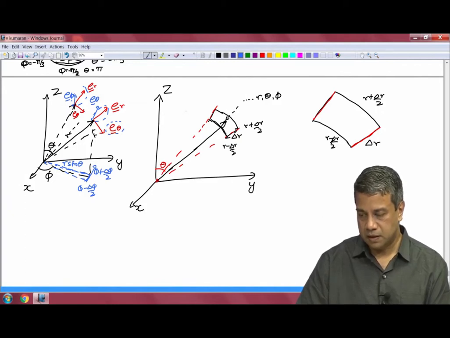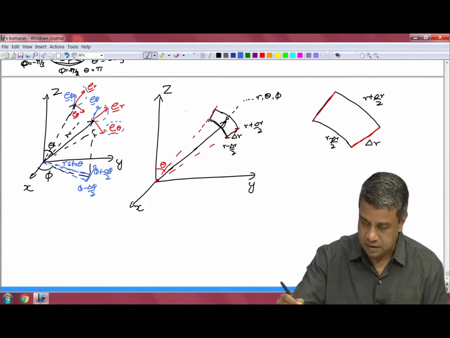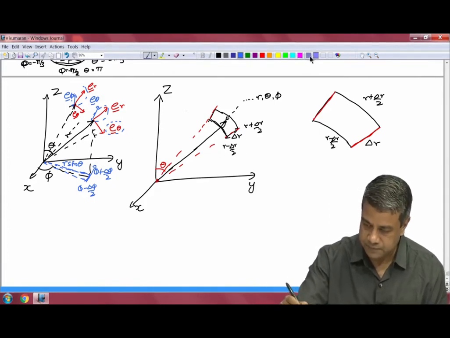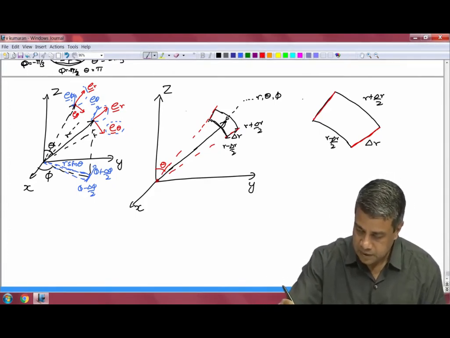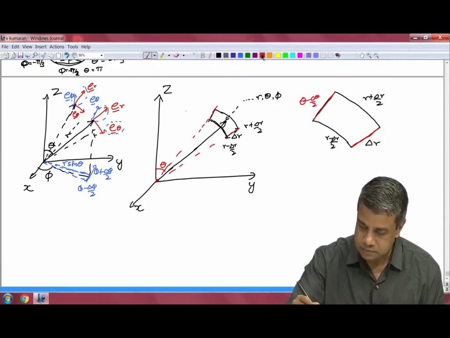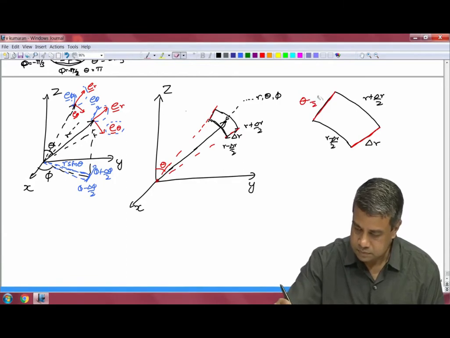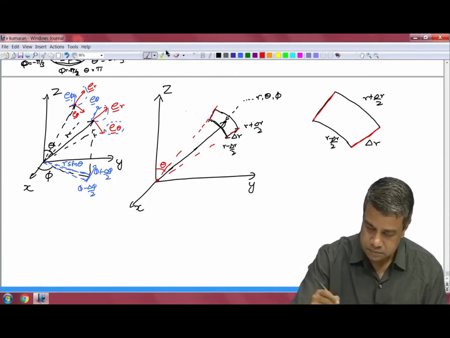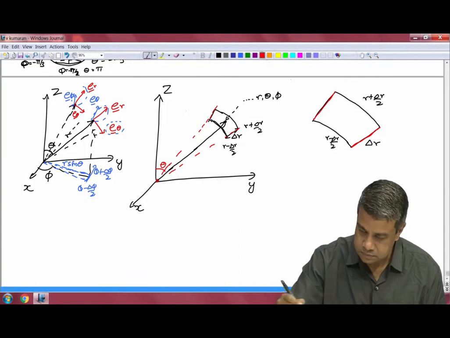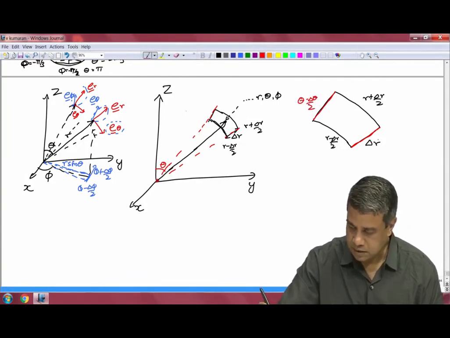And these surfaces are at theta minus delta theta by 2 and theta plus delta theta by 2.